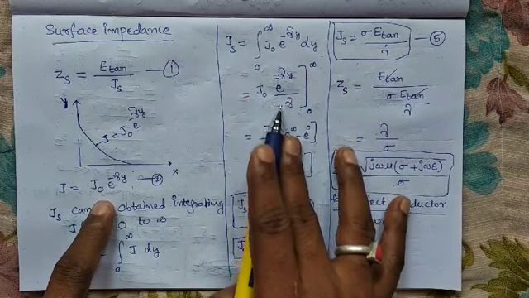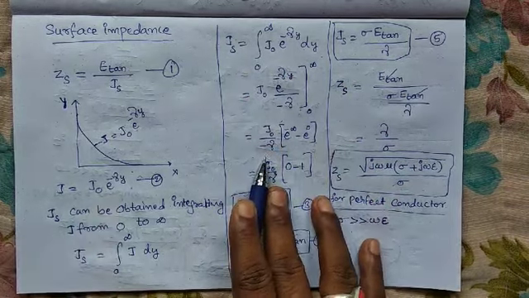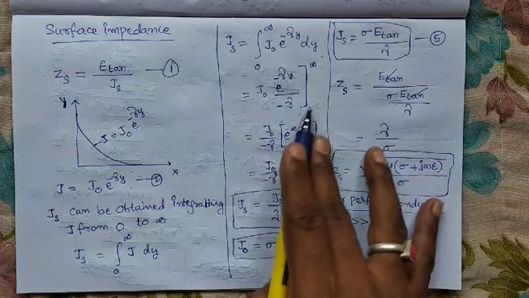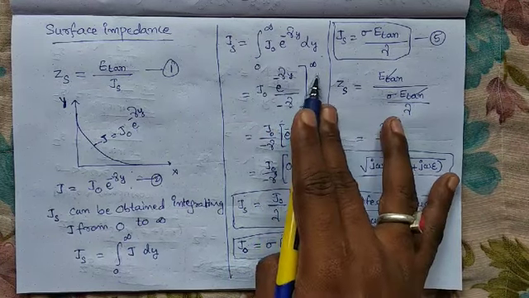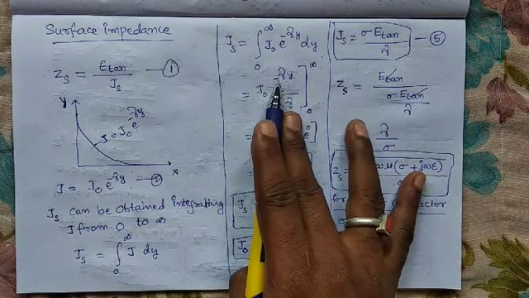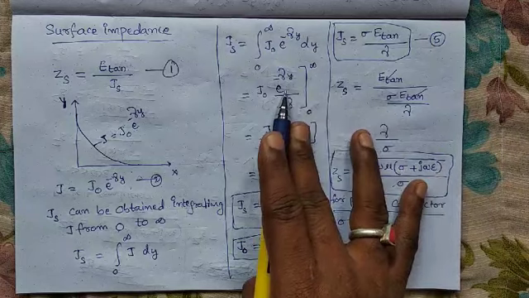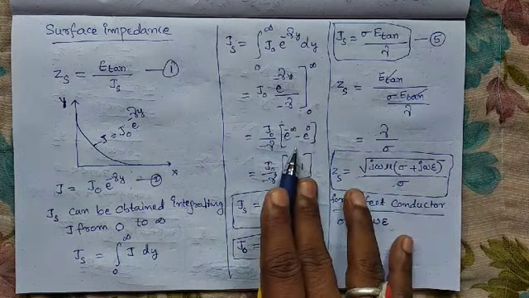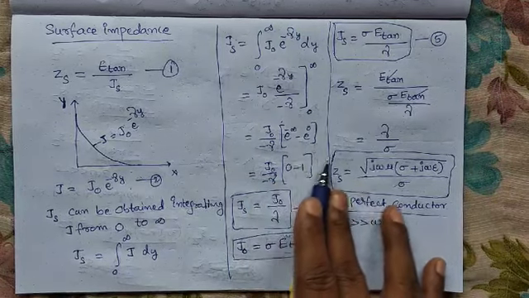Here J naught by minus gamma is the constant term I am taking out, and applying limits to e power minus gamma y. First we apply the upper limit, e power minus gamma into infinity, means e power minus infinity, minus the lower limit e power 0.